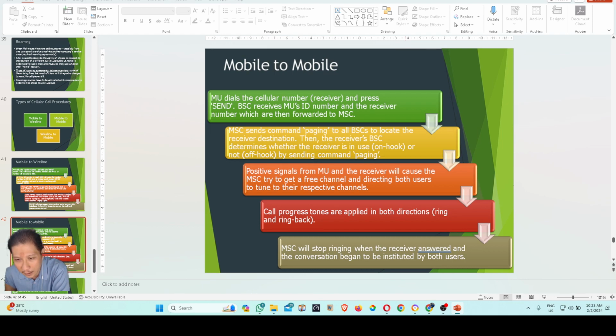Ring back means kalau kamu tiba-tiba cancel the call, it will appear that you have left over your signal. Kamu akan dapat tengok dekat kamu punya mobile unit tu miss call lah. Okay, the MSC will stop ringing when the receiver answers and the conversation begins to be instituted by both users lah. This one is mobile to mobile lah.